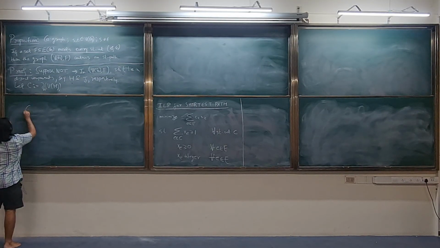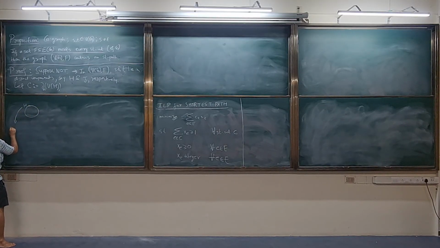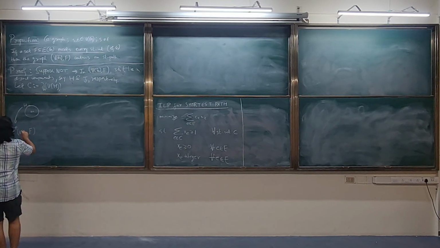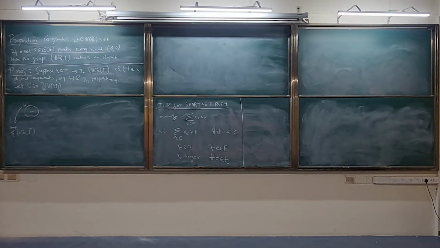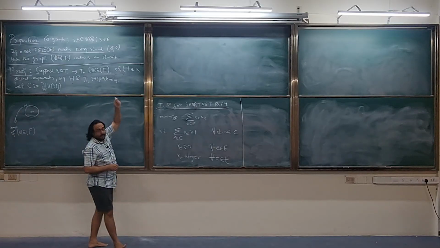So this fellow H is a component of this graph. It contains this fellow S, right? But we are looking at its cut in the graph G, right? And we would like to contradict that F meets every SD cut.